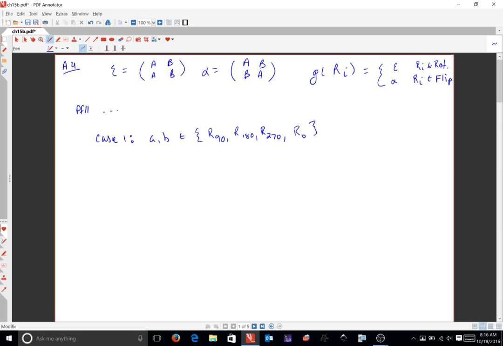If A and B are in the rotations, this part you got right. G of A is going to be equal to epsilon, and G of B is equal to epsilon, and two rotations is also in your set of rotations.